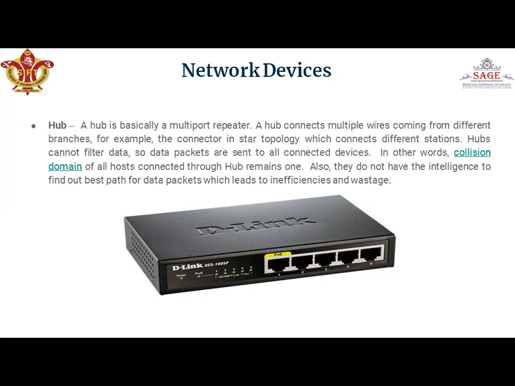In other words, the collision domain of all the hosts connected through the hub remains one. Hubs do not have the intelligence to find out the best path for the data packet, which leads to inefficiency and wastage.